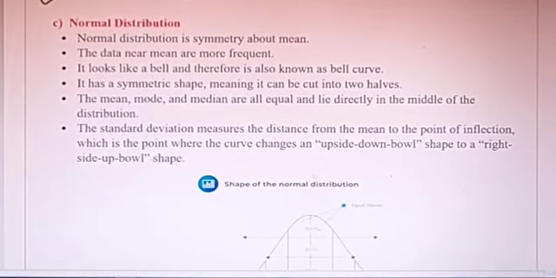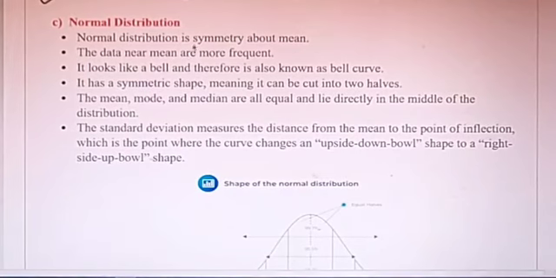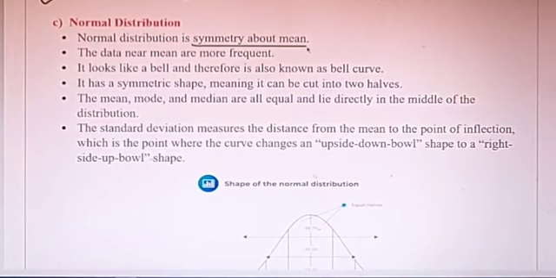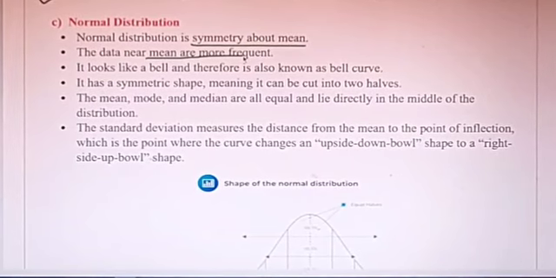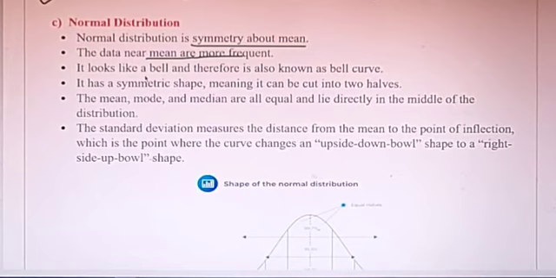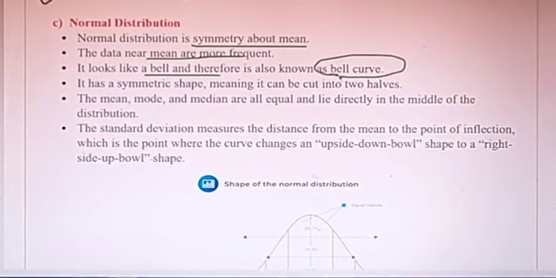The next short note is on normal distribution. Normal distribution is basically a distribution which is symmetrical about the mean, and the data near the mean are more frequent. Those data occur more regularly, and it looks like a bell shape, therefore it is also known as the bell curve.